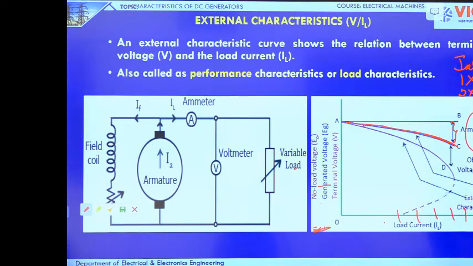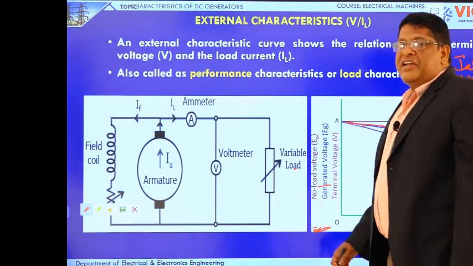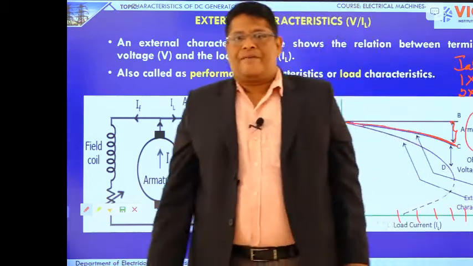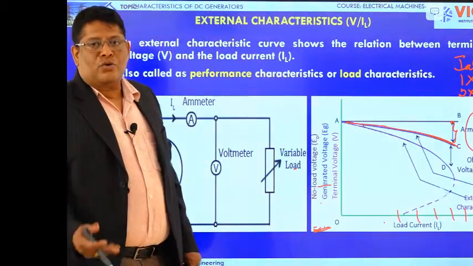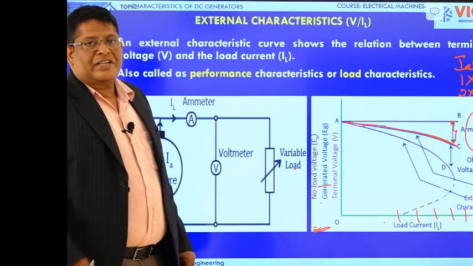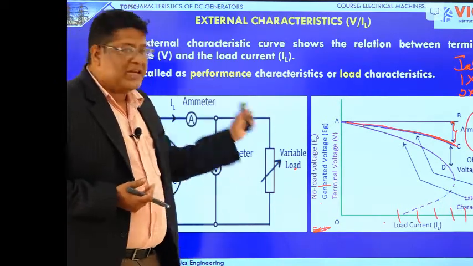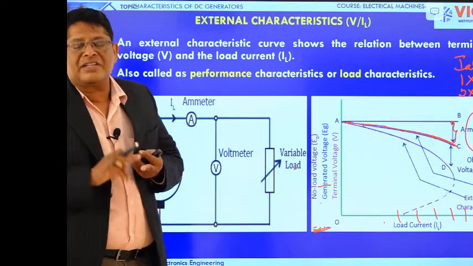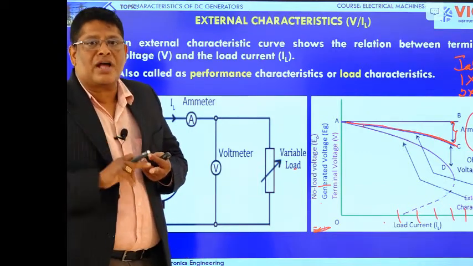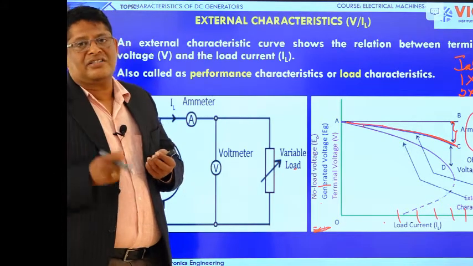See here, just summarizing the external characteristics. It is a characteristic of the generator drawn between the load current and the terminal voltage, that is, the load voltage. The terminal voltage of a generator decreases due to two factors: one is the armature reaction, another one is the armature resistance.